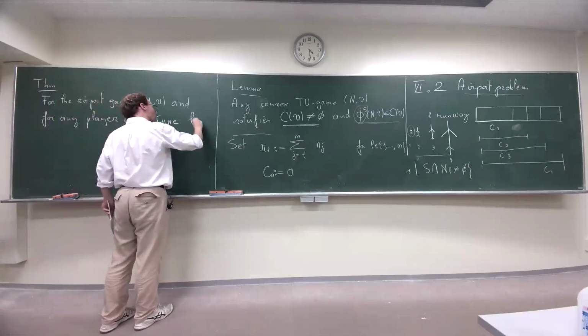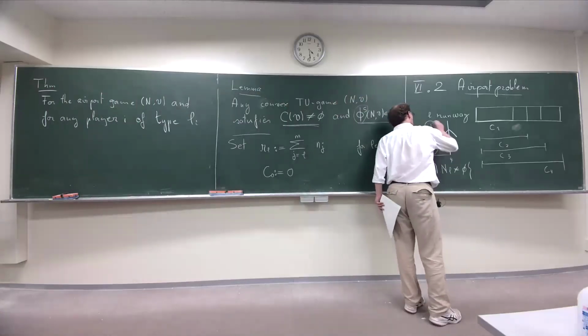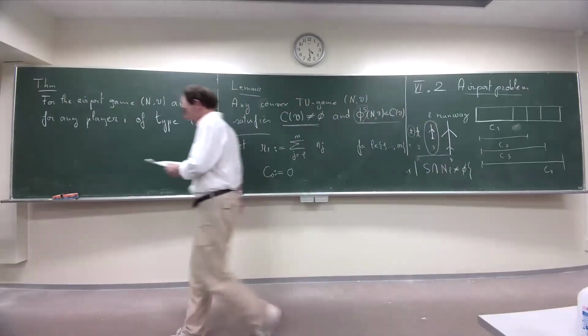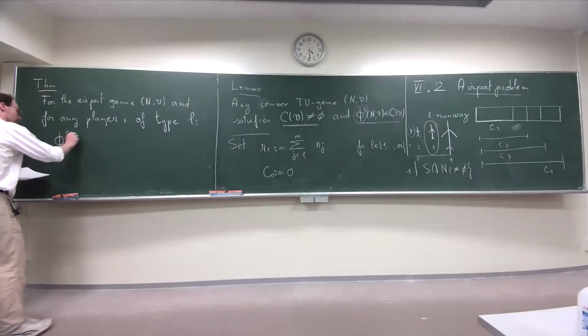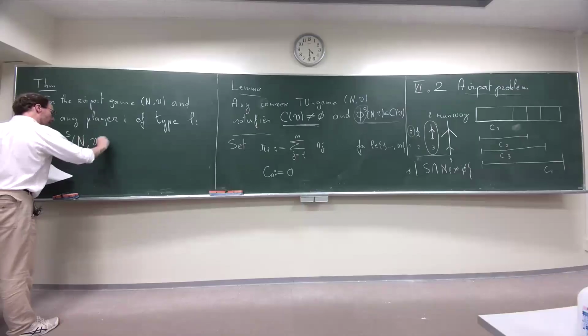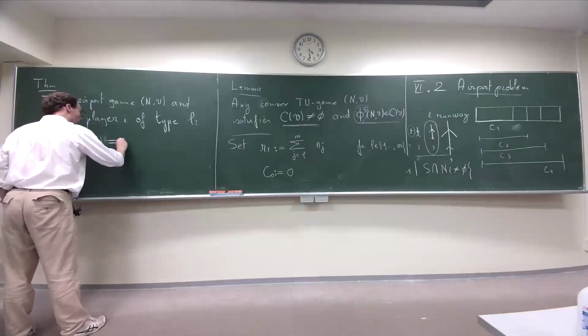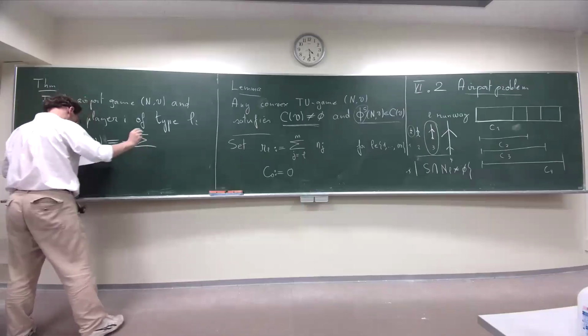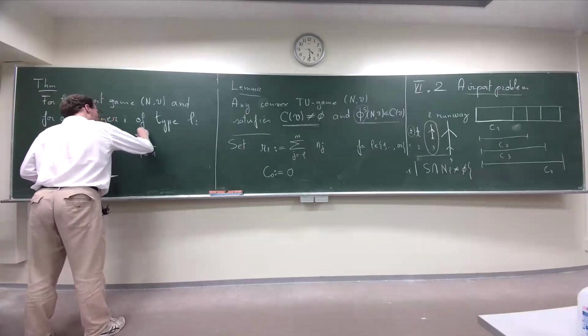So it's a plane of size, let's say, this one. How much is this going to pay? Pi of S for this game is going to be minus the sum, L from 1 up to N.